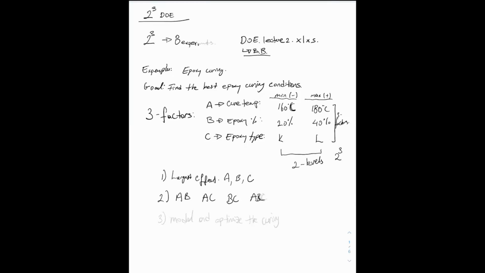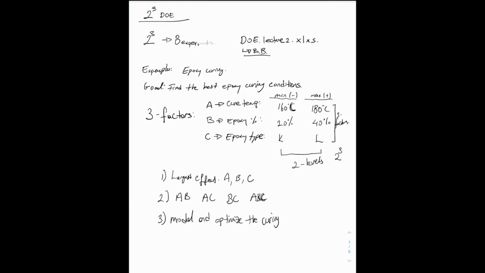So with this way, you'll be able to tell if changing one of these variables also affects the effect of the other one. And based on these interactions, we will be able to model and optimize the curing.